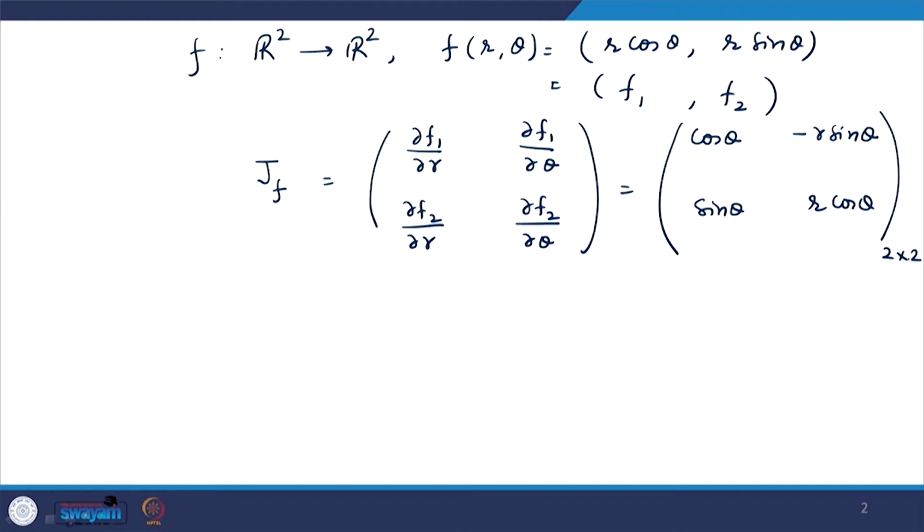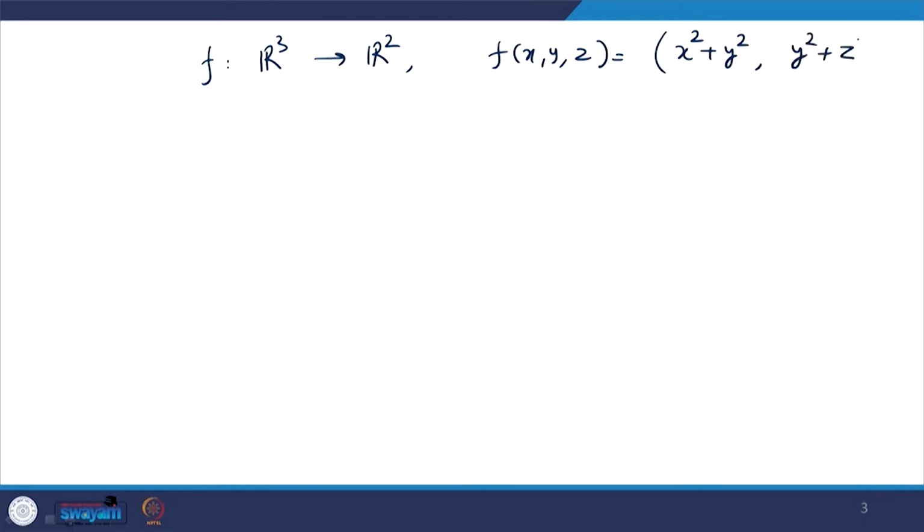Let us take another function of higher dimension, from R3 to R2, and say f of x, y, z is defined like this, with 3 input variables: x square plus y square, and y square plus z square.